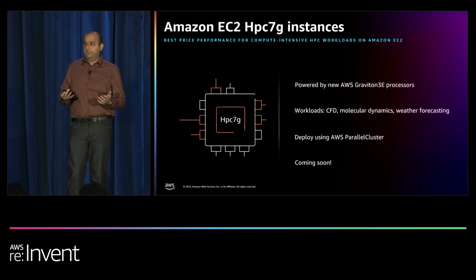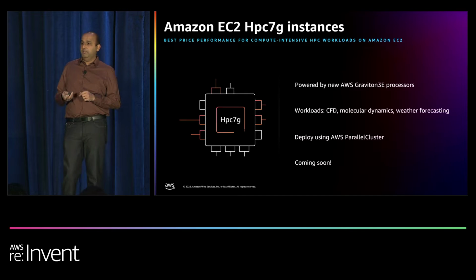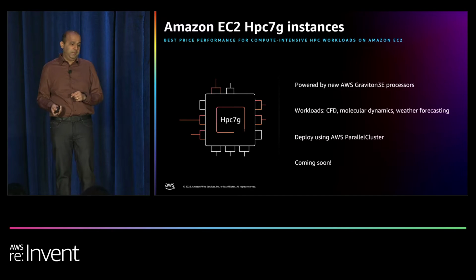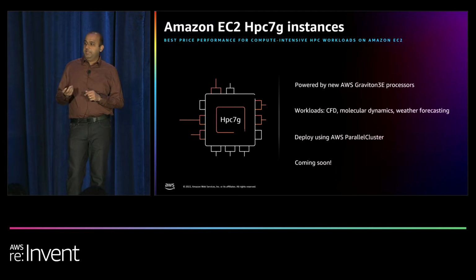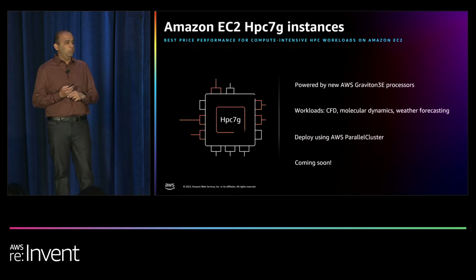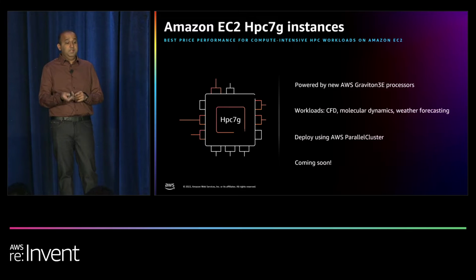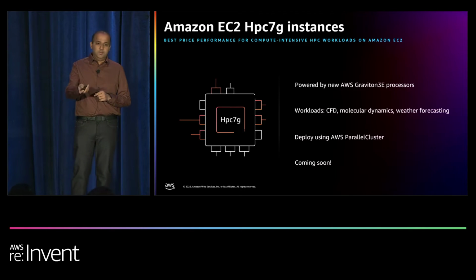So that's really optimized for HPC use cases, such as weather forecasting, molecular dynamics, and computational fluid dynamics. And customers can also deploy these using ParallelCluster, which is an open source cluster management tool. These instances are coming soon, so we'll be able to share more details going into 2023.